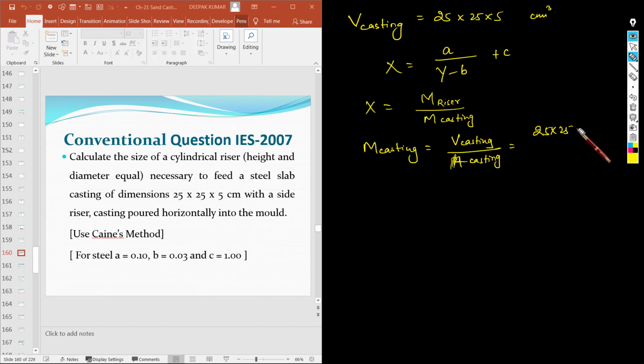We get 25 into 5 divided by area, which is 25 into 5 into 2 plus 25 into 25. So we get here, just use the calculator.